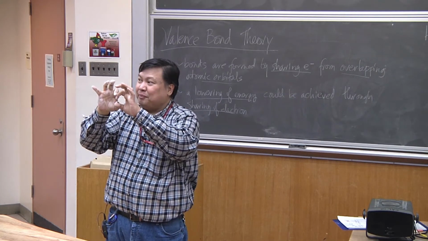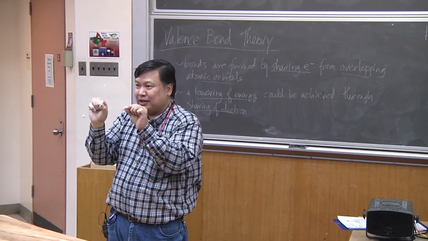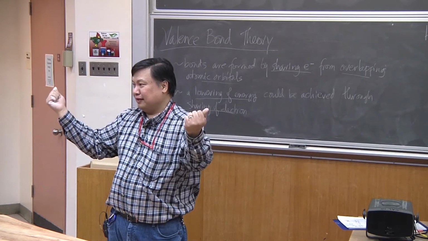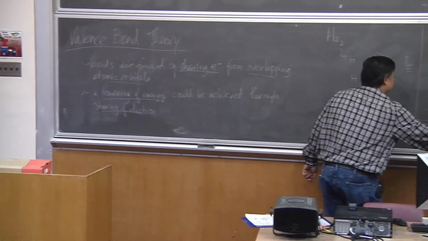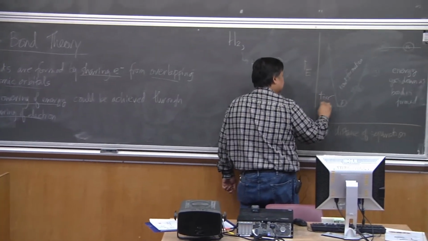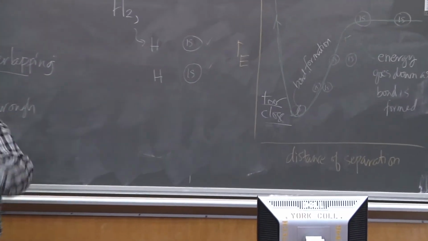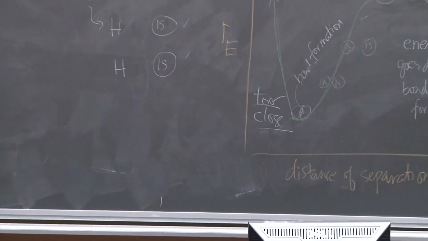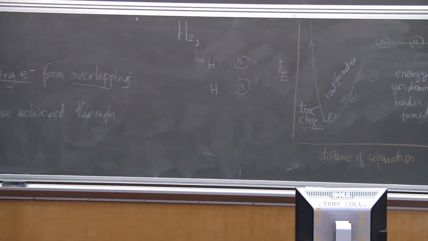What happens if I keep pushing them together? The plus and the plus become too close, and they start to repel one another. There's a happy medium where they're stable, and when they become too close, the energy pops back up, because the positive and the positive are now pushing each other away. Good?